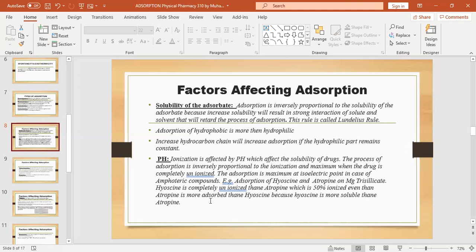Even then, atropine is more adsorbed. Why? Because hyoscine is more soluble. In the above factor, we have discussed that solubility is inversely proportional to the adsorption. So if hyoscine is more soluble, then it will retard adsorption phenomena. Let's proceed further.